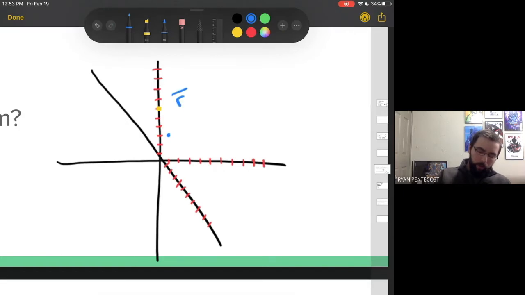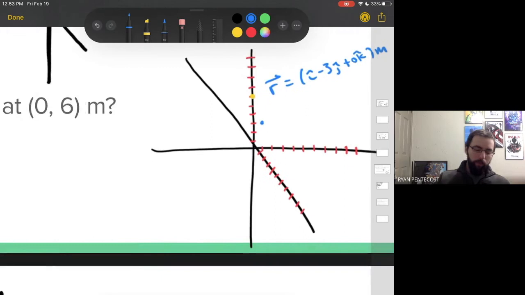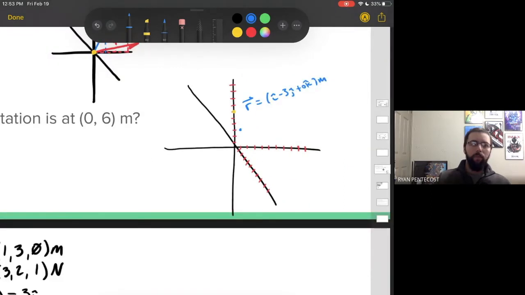So now the R vector is i minus 3j plus 0k meters. Okay. So this is how this is going to change if we move our origin. Now the force is not going to actually change, because the force is just acting on the position, right? So the origin is affected, but the force is not.